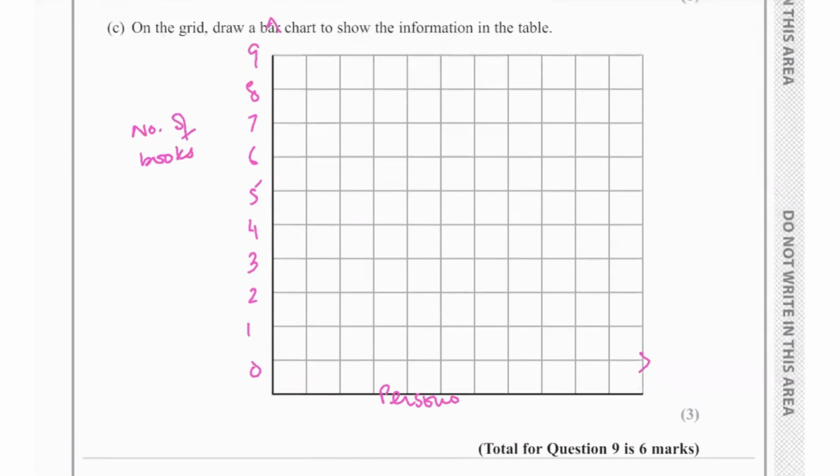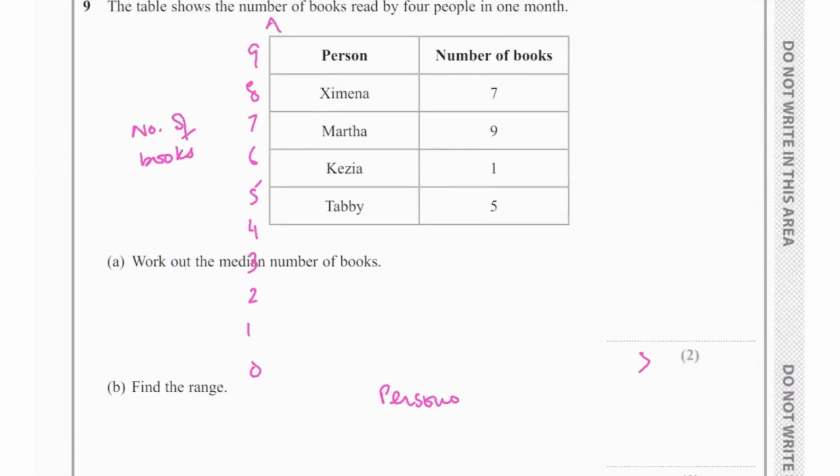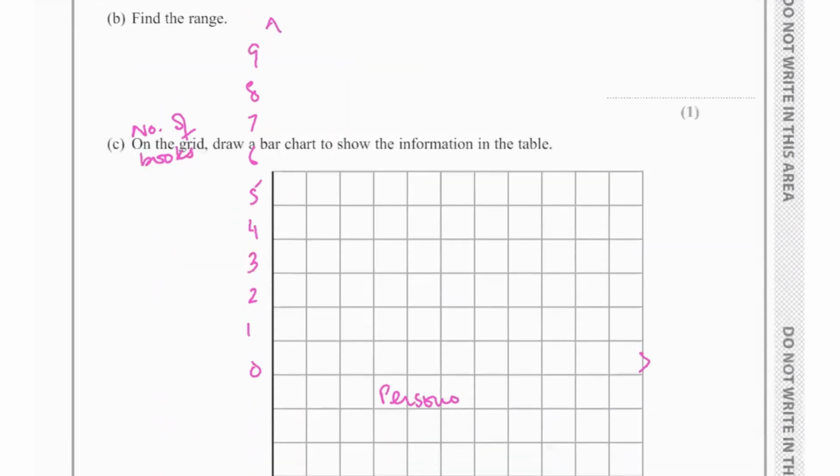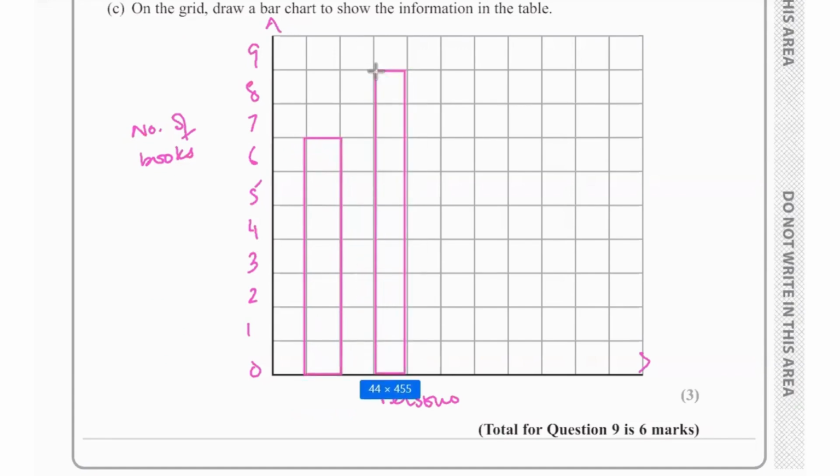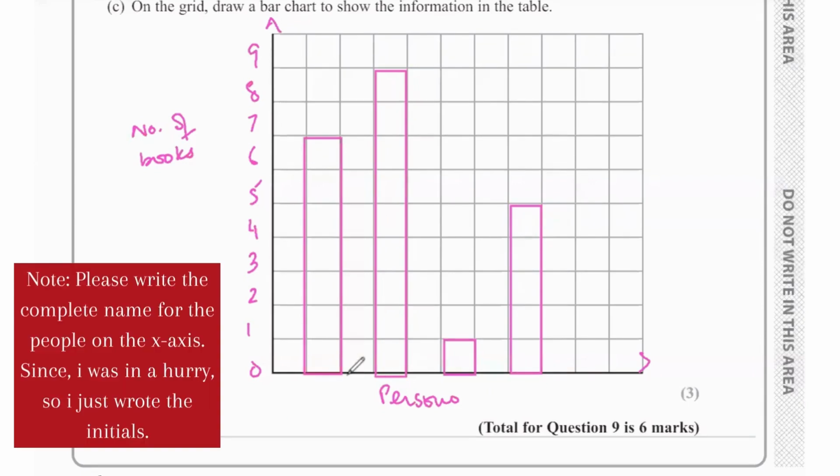So for the first person, it was 7 books, then 9, then 1, 5. 7, 9, 1, and then 5. So in the x-axis, we'll write their names. So this is your bar chart.